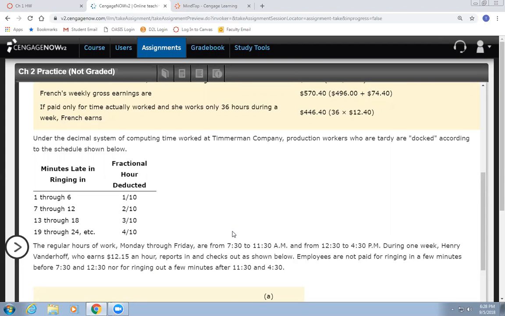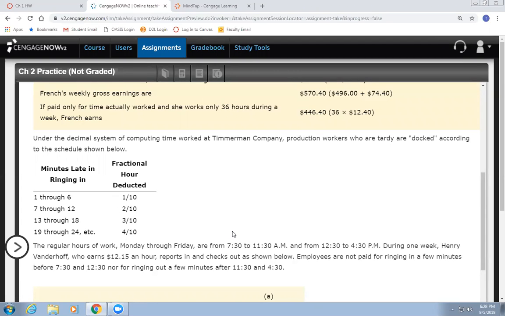And then 19 through 24, and so on, gets 4/10 of an hour deducted. And that's up to half an hour. So that one's a little interesting.